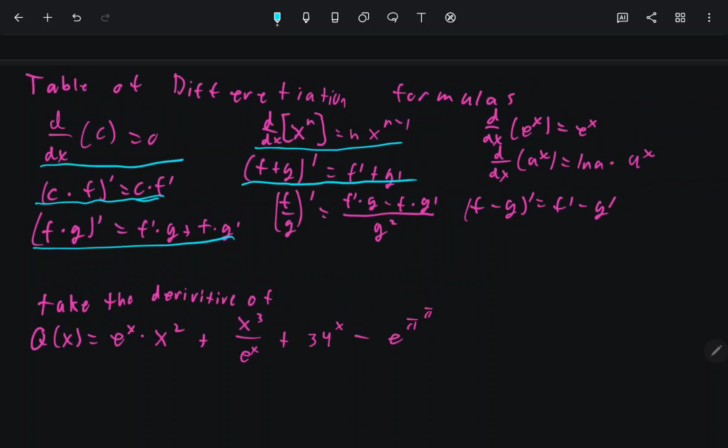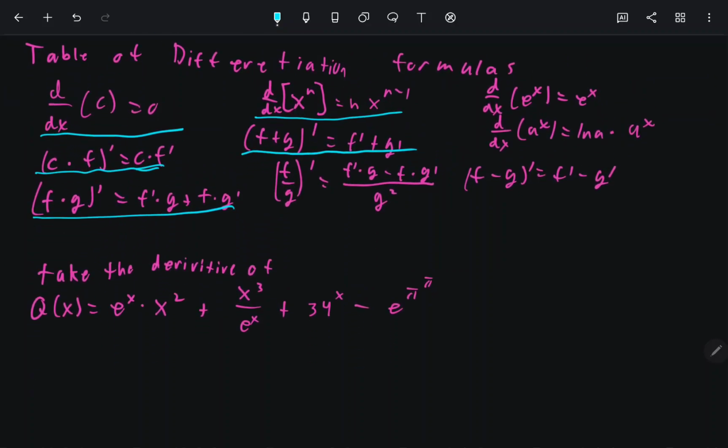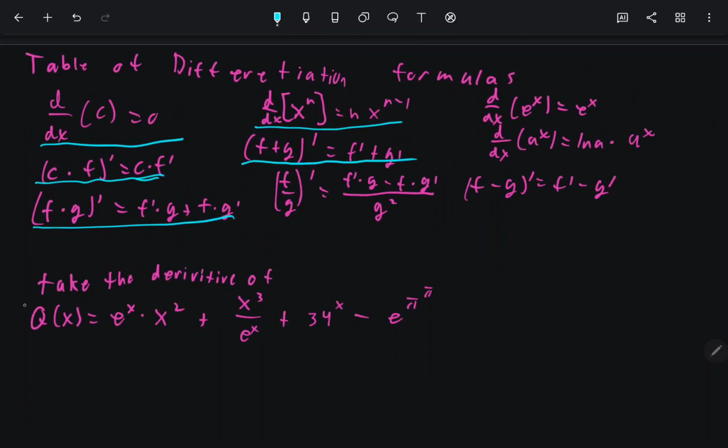So for this first one, we're taking the derivative with respect to x. Looking at this, we have q prime of x is equal to the derivative of e to the x times x squared, plus e to the x times the derivative with respect to x of x squared.